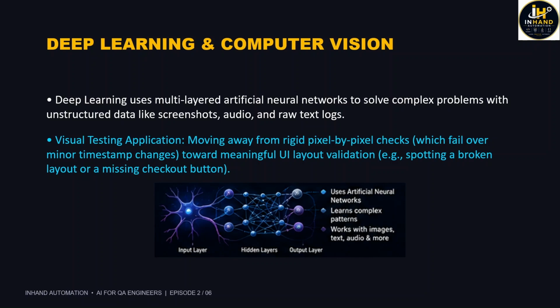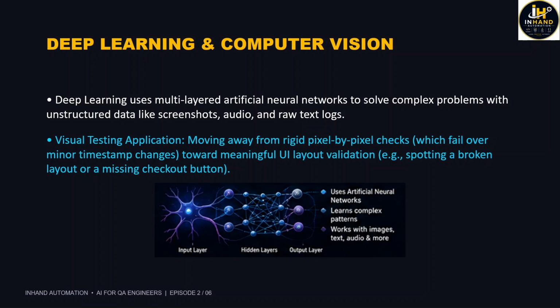Think about it this way: to understand a screenshot, we may need to manually define many features, like where the button is, what shape it is, what text it has, what the image contains. A deep learning system can learn useful representations and complex patterns from a large amount of examples.